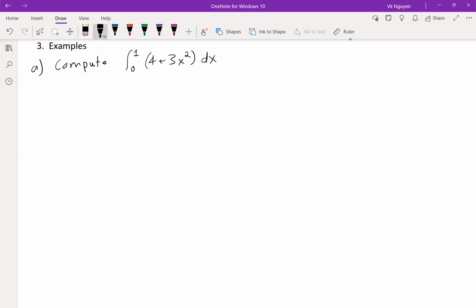Okay, and we can sketch out this function, see what it looks like. X, y. This is a parabola. When you add 4 to the parabola, you shift up by 4. And when you multiply by 3, it's just getting skinnier because the slope is steeper. Zero to 1.